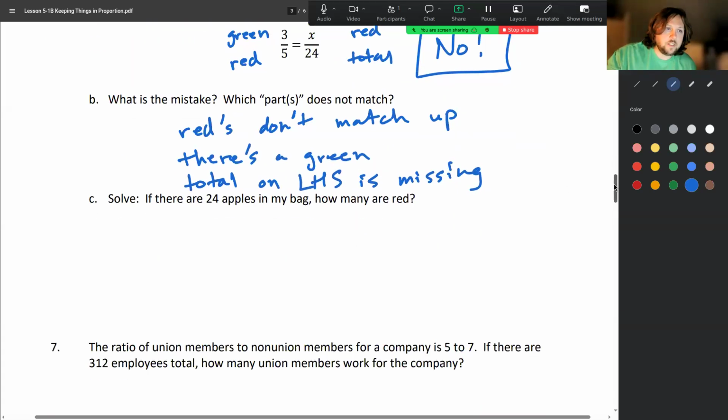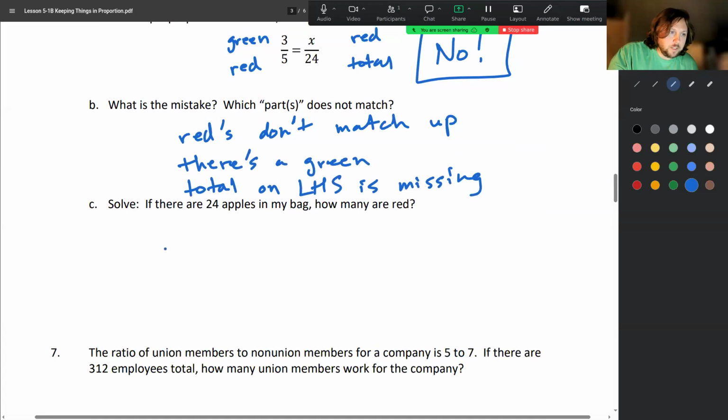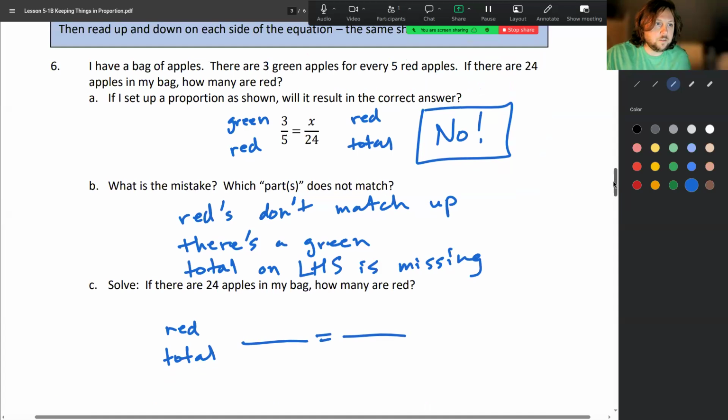So kind of like 3-ish things that are wrong with it. So now if we're setting this up correctly, we will write down red to total. And write down our proportion. So 5 red, and then if there's 3 green for every 5 red, so all I have to do is do 3 plus 5 here.